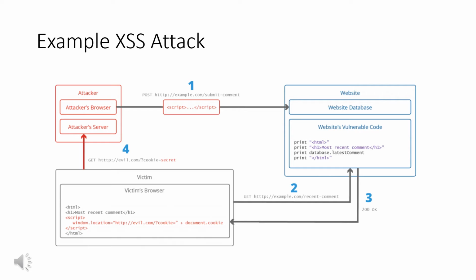As the victim visits the web page, the malicious script that is contained in the HTML body gets executed, and in this case, it sends the victim's cookie information to the attacker's server. Now all the attacker has to do is extract the victim's cookie every time an HTML request arrives at the server. This way, the attacker can use the stolen cookie information to impersonate the victim.